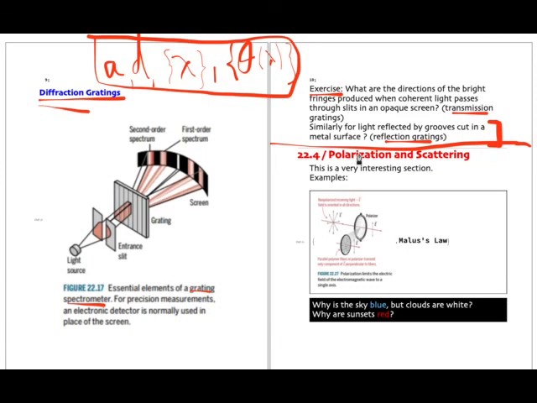Let's say the light is traveling in the z direction. The electric field could be oscillating in the x direction, or it could be oscillating in the y direction, or it could be oscillating in any direction perpendicular to the z direction. If it's unpolarized light, such as light from the sun, it would have oscillations in all the directions perpendicular to the z direction. That's unpolarized light.